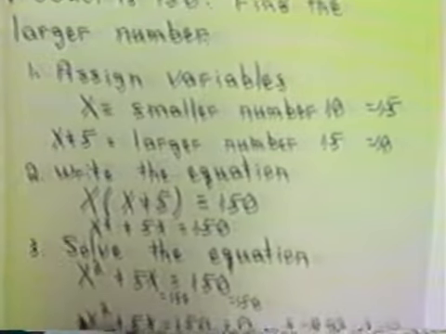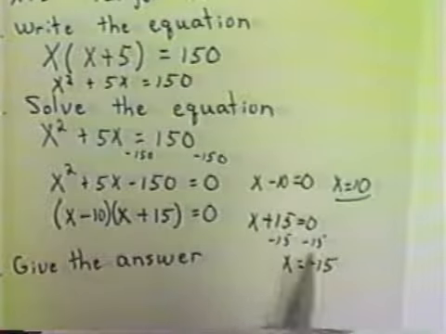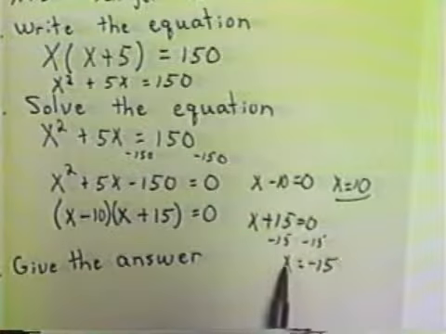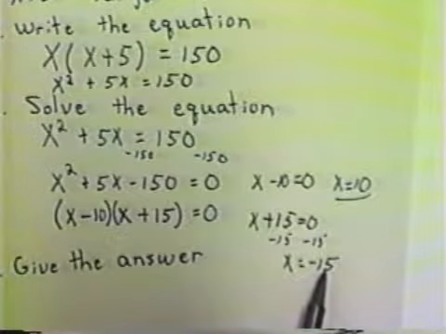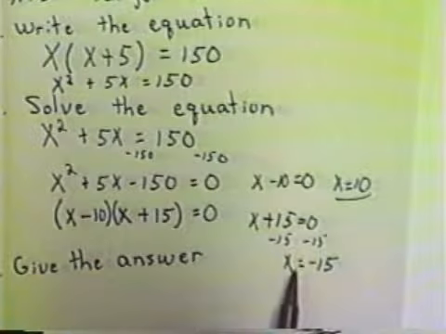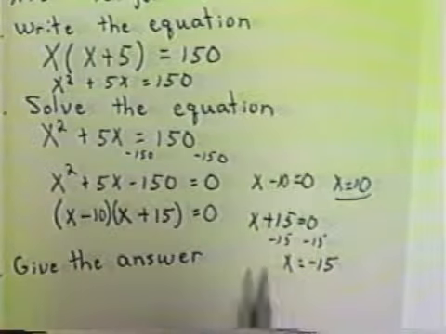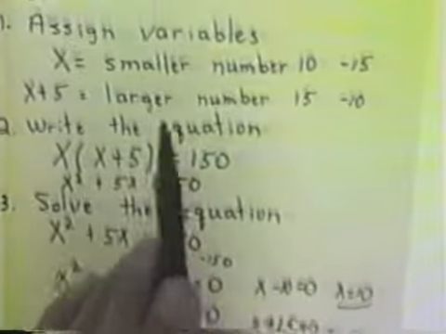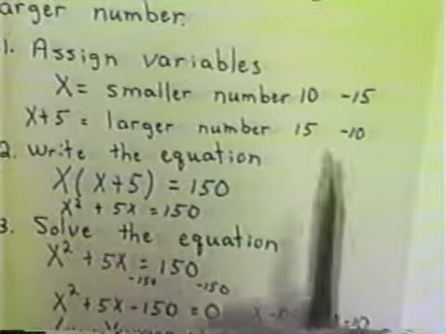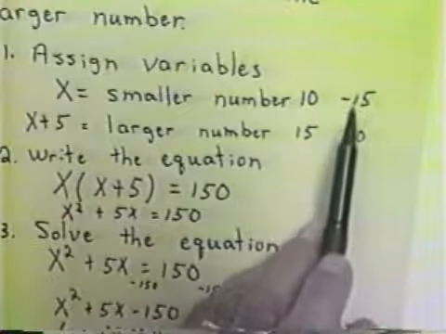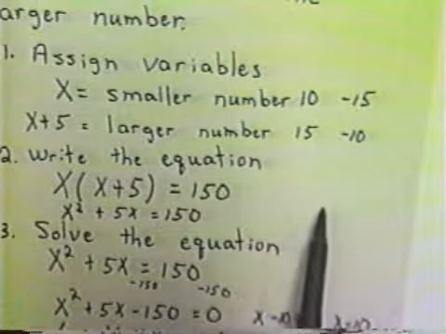Now let me go back over that. Notice down here in solving, we got that x was 10, or x was negative 15. So there are two values for x, because when you have a quadratic equation, you expect two answers. X stands for the smaller number. So the smaller number can be 10, or it can be negative 15.